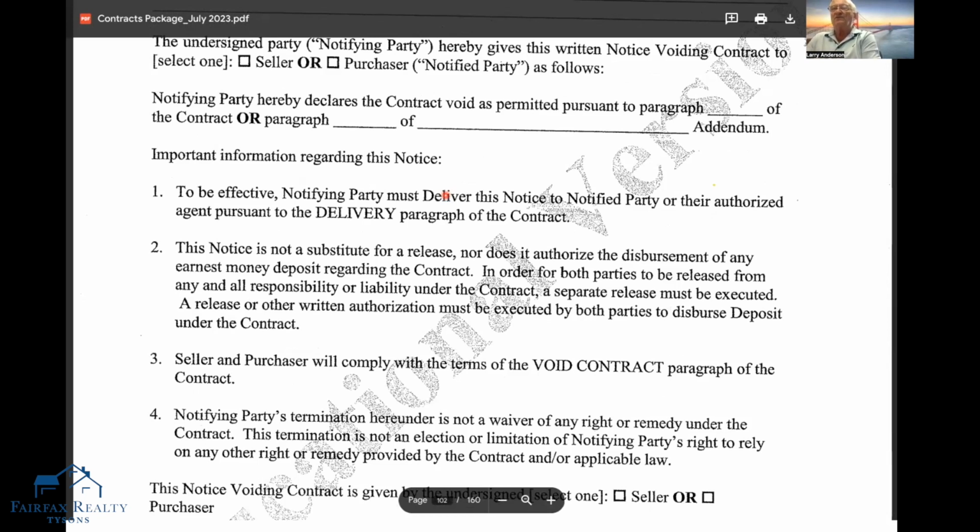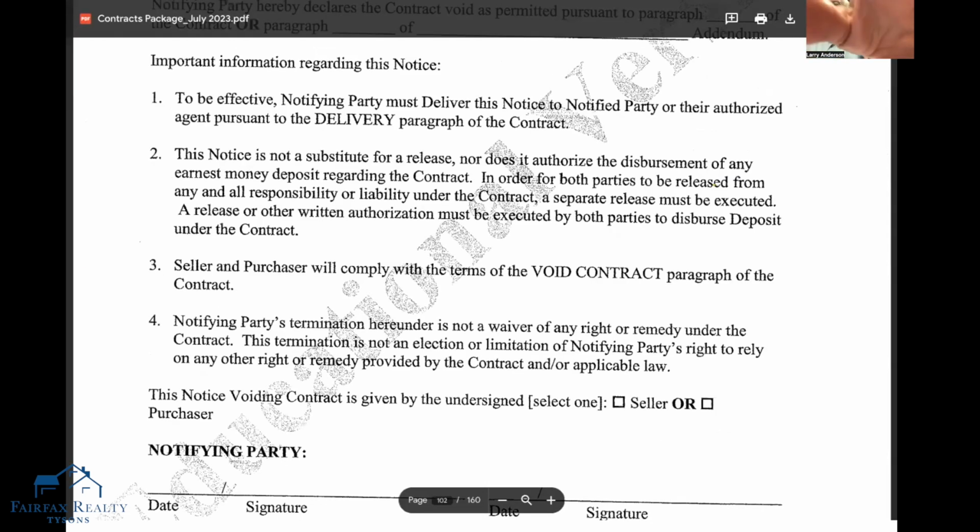Whatever's in there, I'm going to send it there and to their authorized agent. But this is not a substitute for a release. Not a substitute for a release. They're two different actions.